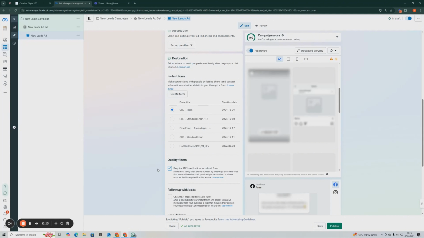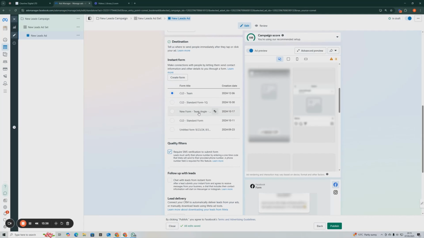I thought the cost per leads were going to go up. But I've tried it on so many accounts now, and on every single one, it has just been a complete game changer. We're going to want to select our form if we've made a form, or obviously put the URL to your landing page in.